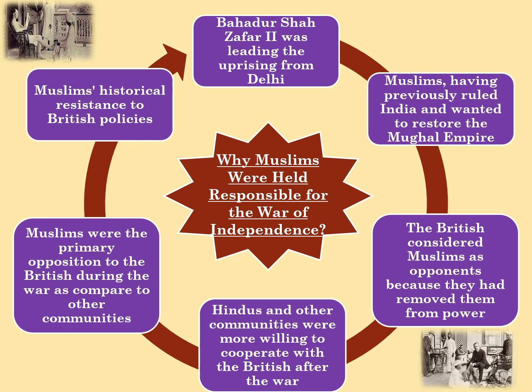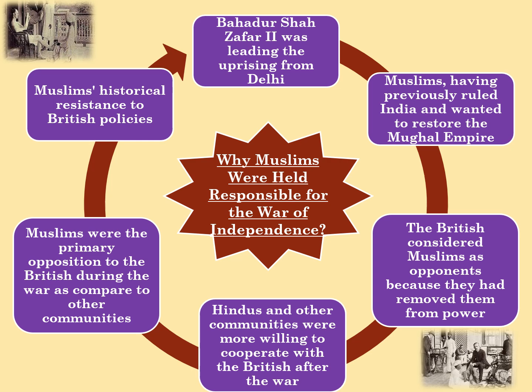Hindus and other communities were more willing to cooperate with the British after the war, while Muslims continued to see them as invaders, fueling British blame and straining relations with the British. Muslims were the primary opposition to the British during the war, while other communities like Punjab and Kashmir supported the British, leading to the focus on Muslims.